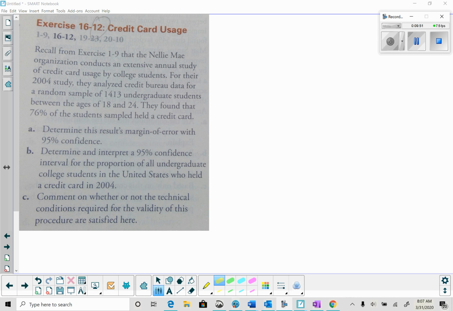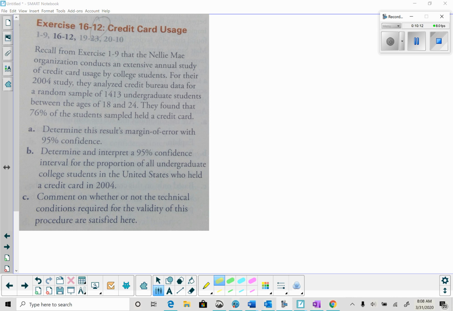Let's take a look at number 12 now. Organization called Nellie Mae, a branch of our federal monetary system here. Federal student loans. Extensive annual study of credit card usage by college students.